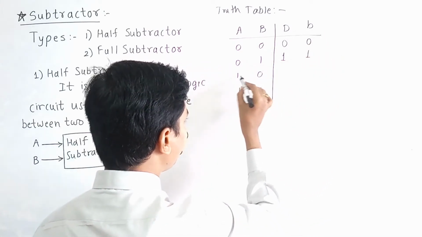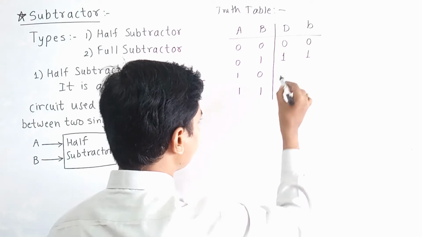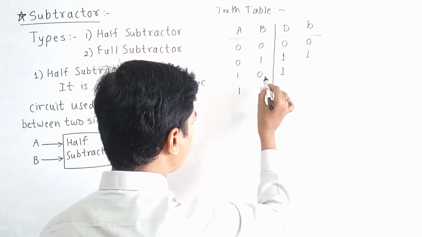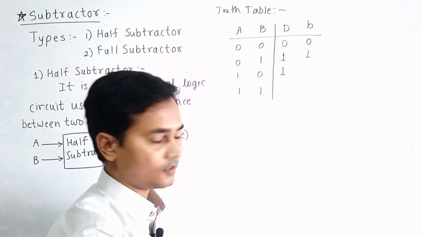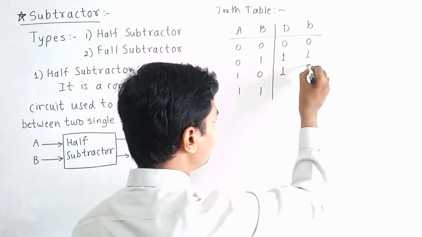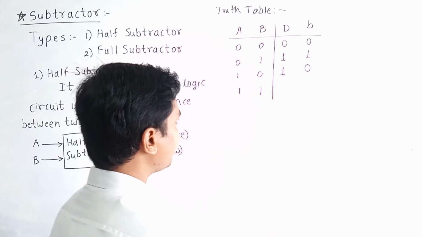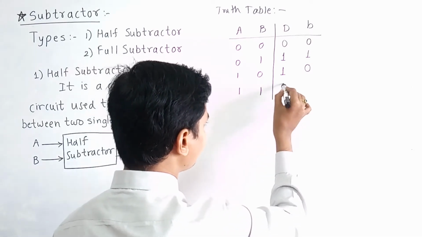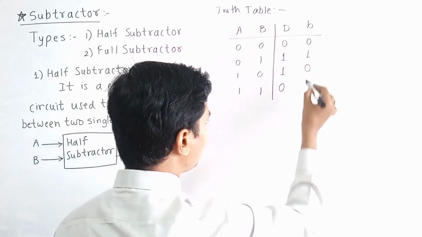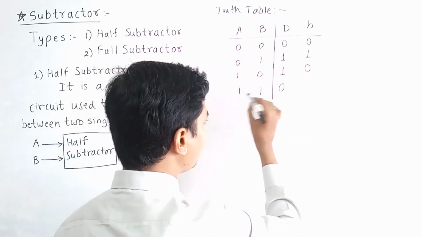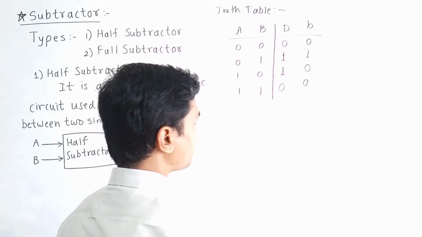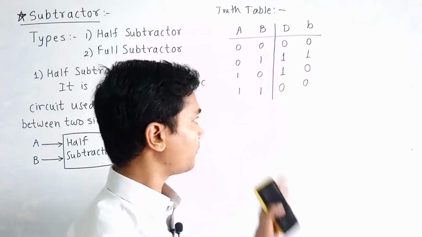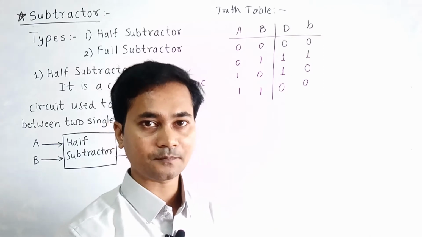Now 1 minus 0, the difference is 1, and from this 1 minus 0 the borrow will not be generated, so here we will write 0. Okay, next is 1 minus 1, so here the difference is 0 and the borrow will not be generated because the two numbers are the same. Okay, so here we have obtained the truth table of half subtractor.